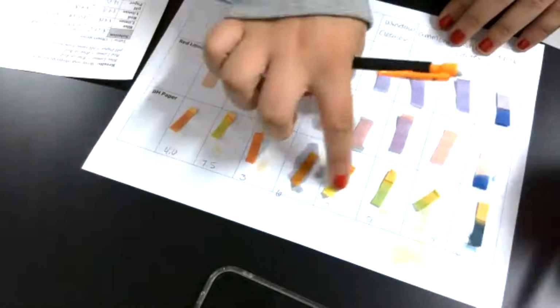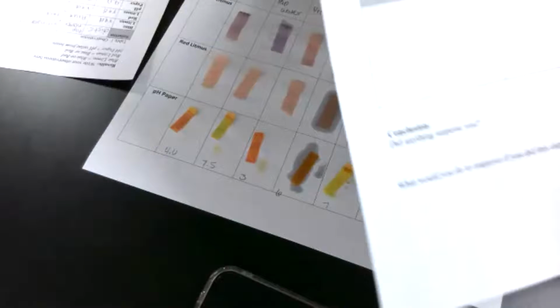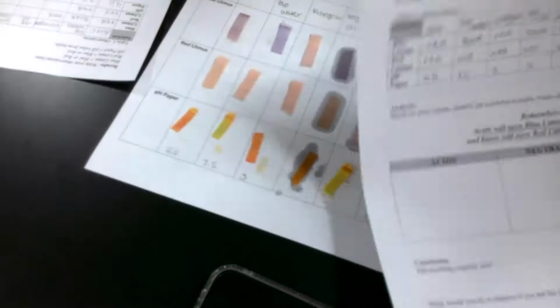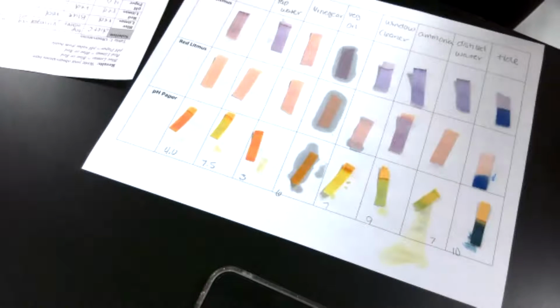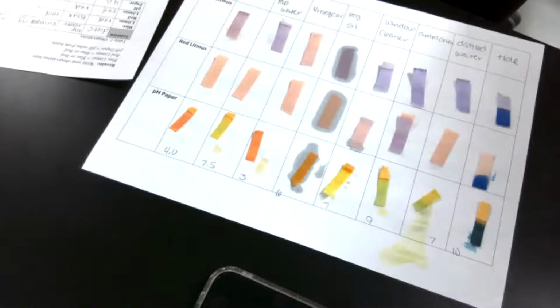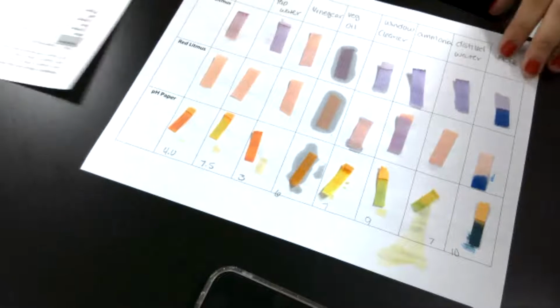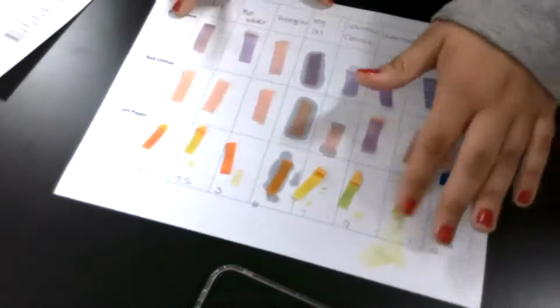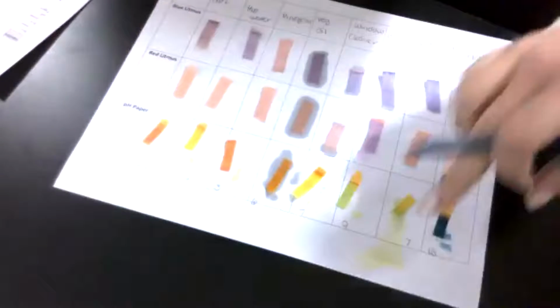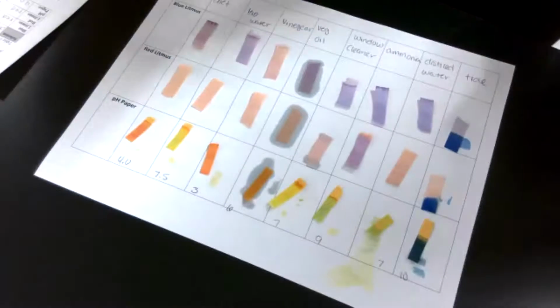You'll write those on the back side in the table of observation. You'll write blue and red in the litmus papers, and then the pH you'll write the number. Hey, turn it back for her. I can't read backwards. I can read upside down.